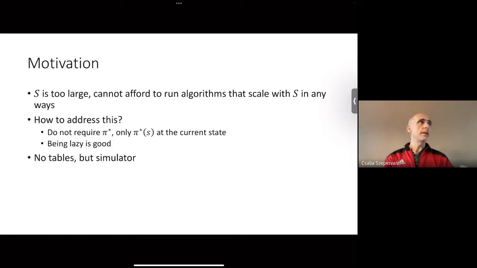The high level problem is that we should have access to some description of the system, some way of getting information about the system. And then we want to control it. What does it mean that we want to control it? It just means that we want to output, in time, an action that overall leads to a good policy.